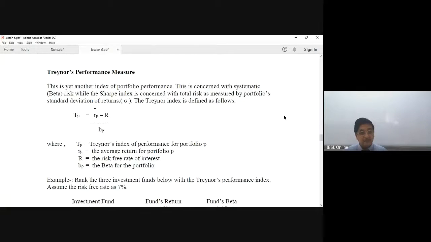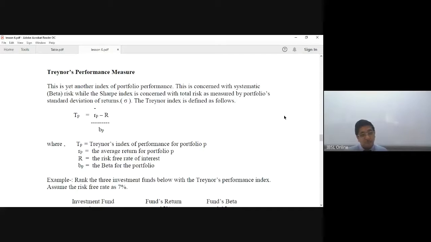This index is yet another index of portfolio performance. Here, there's a small difference. In the earlier one, what we did was we just measured the ratio with total risk. Here we get the ratio against beta. Now, beta really signifies the systematic risk.